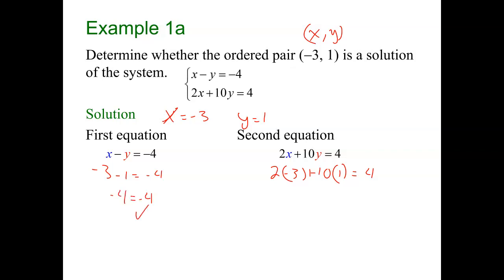So that means that the point -3, 1 is located on this line. Somewhere on that line, it goes through -3, 1. We're going to do the same thing on the other side. 2 times -3 is -6 plus 10. Does that equal 4? Yeah. So it means that -3, 1 is also located on that line.